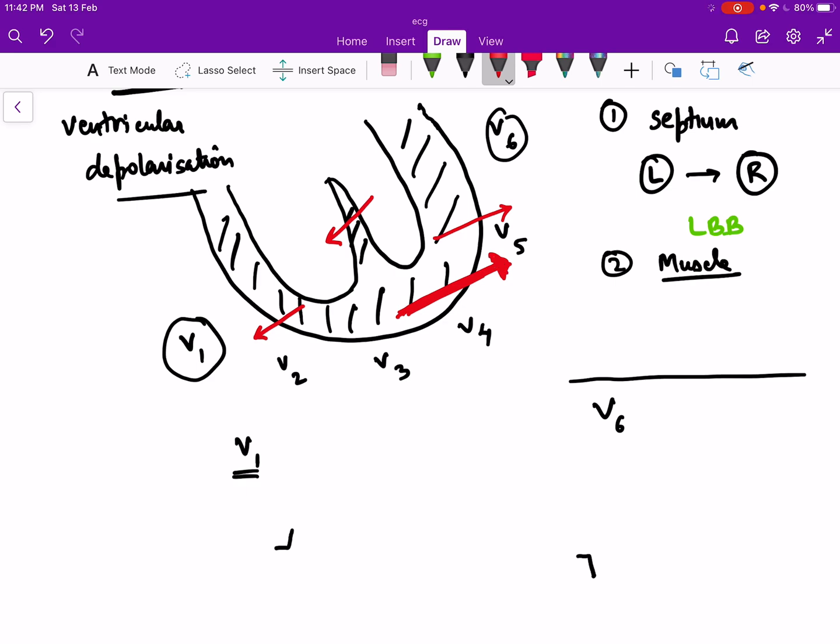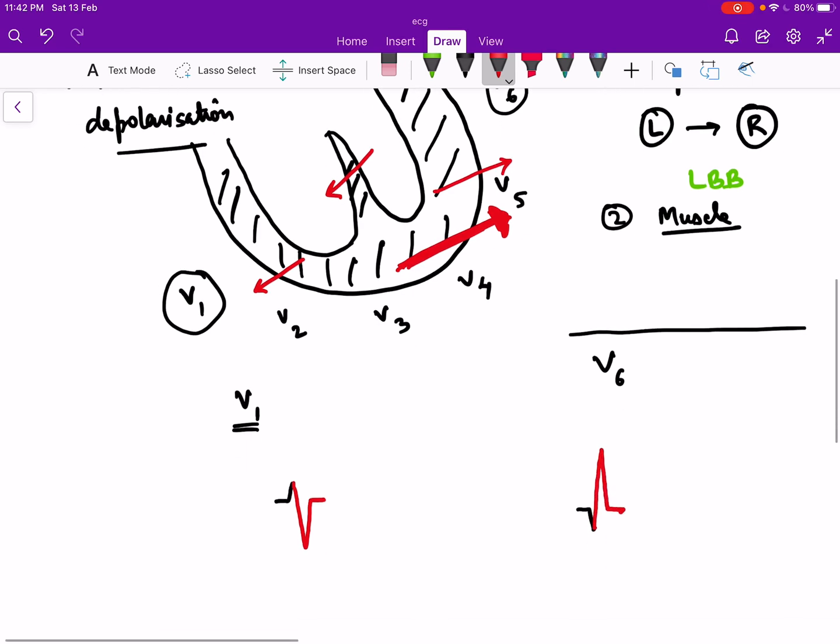So after the septal depolarization, we have a ventricular muscle depolarization whose vector faces towards V6, which is away from V1. So we get a negative deflection in V1 and a positive deflection in lead V6.